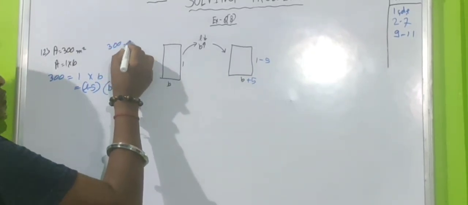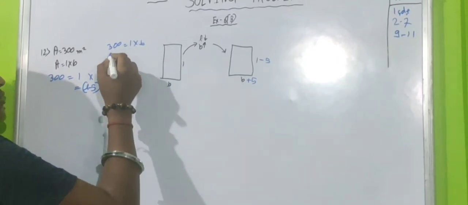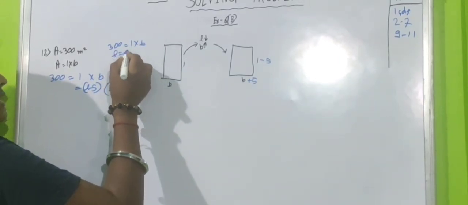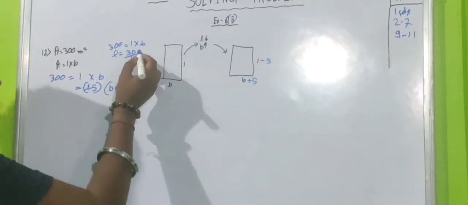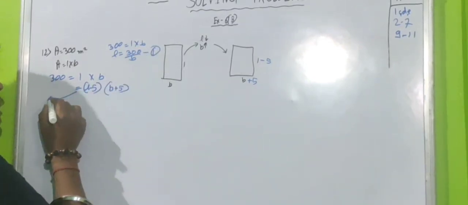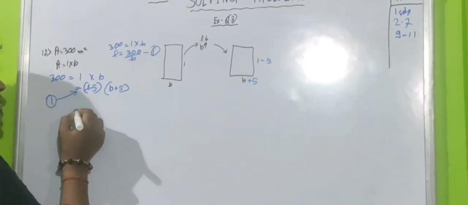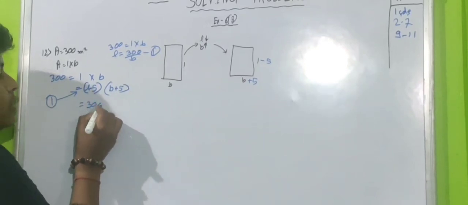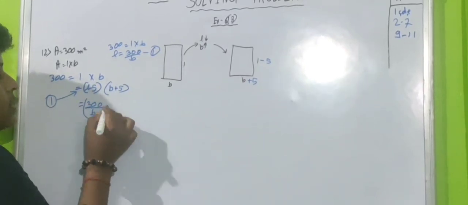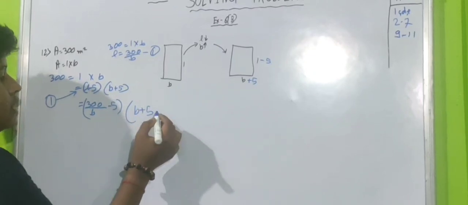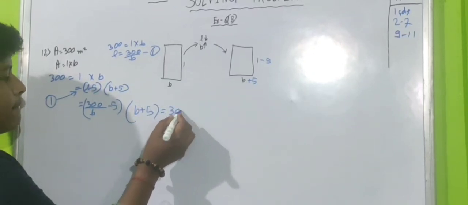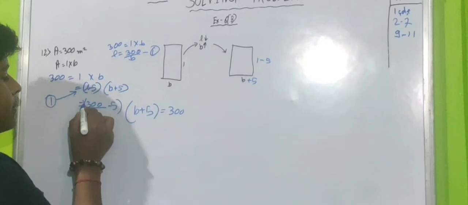Here 300 is equal to length into breadth, that is area. So L can also be written as 300 by B. So it will be equation 1. Now put equation 1, you will get (300 by B minus 5) into (B plus 5) equals 300.